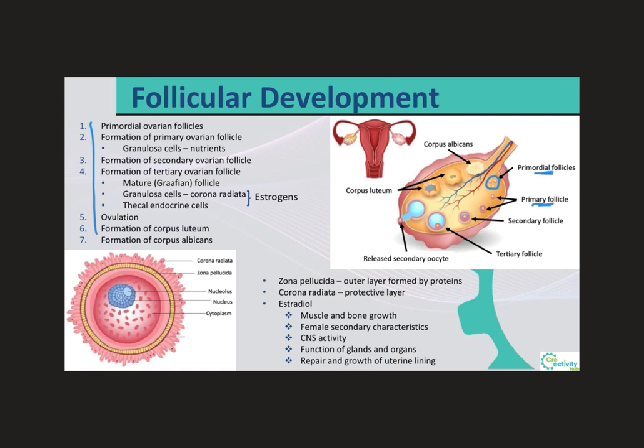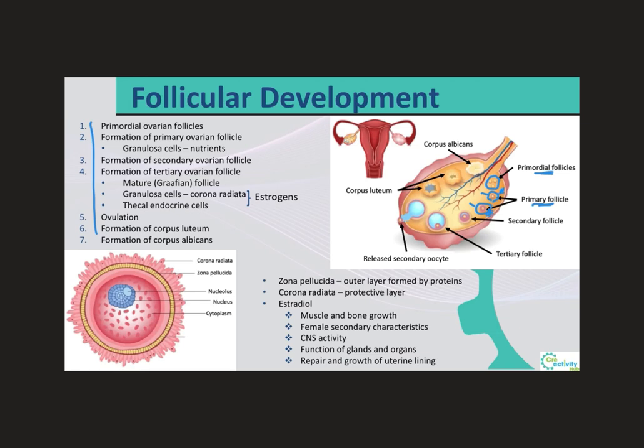These follicular cells undergo repeated cell divisions, and as a result, several layers of follicular cells develop around the oocyte, as we can see from these 2 follicles over here. Notice how there are more cell layers around the oocyte on this follicle than on this one.